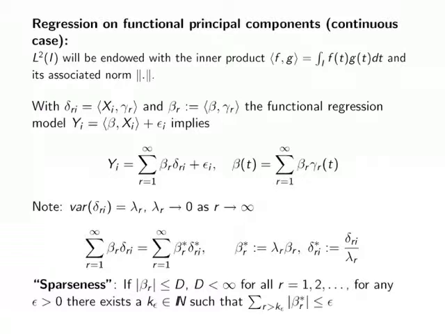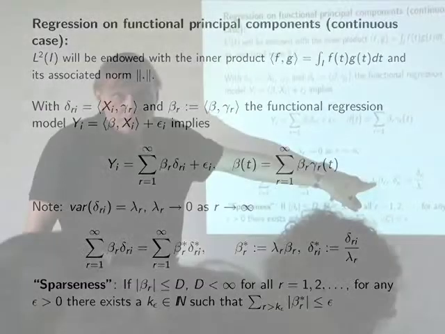But this of course then means that, in order to have the same product, you have beta stars, which are lambda times beta. So if you bring all regressors on the same scale, this means, relatively speaking, that you now have another beta, which is lambda r times beta r, and lambda r will tend to 0.